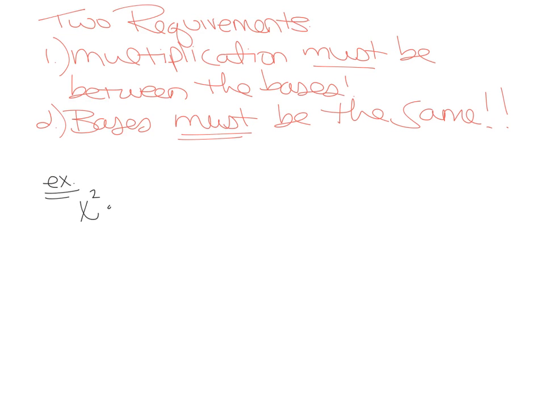X squared times x to the 6th. Is multiplication between your two bases? Yes. Are your bases the same? Yes. So, add your exponents. I get x to the 8th. Let's look at another one. Let's do 5 squared times 5 cubed.